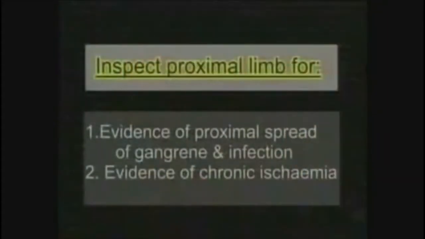Now inspect the proximal limb for evidence of proximal spread of gangrene and infection, and for evidence of chronic ischemia. First, we look for proximal spread of the gangrene. Presence of redness and edema in the proximal skin suggests active infection as in a wet gangrene.